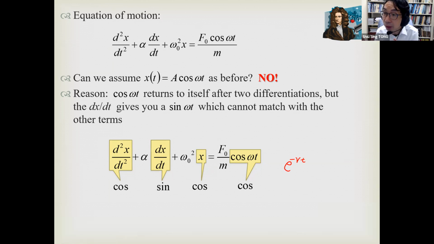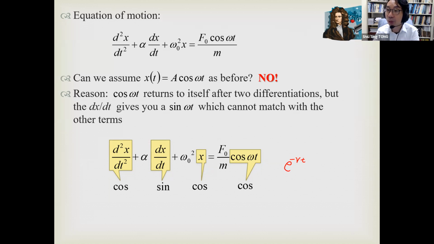And when such a condition has been reached, the system will oscillate with a constant amplitude. So the amplitude will no longer decay with time. If we have constant energy input, and if that input exactly balances the energy dissipation, the system will vibrate with a constant amplitude. And this is called a steady state solution.